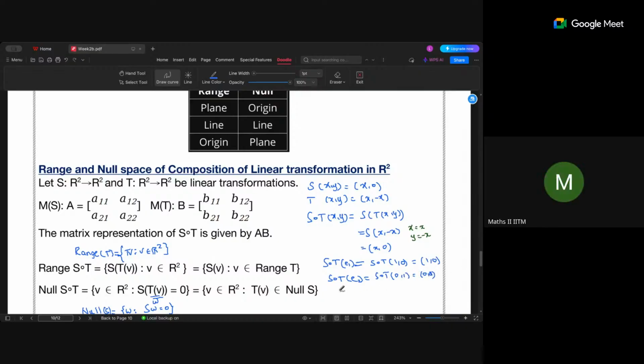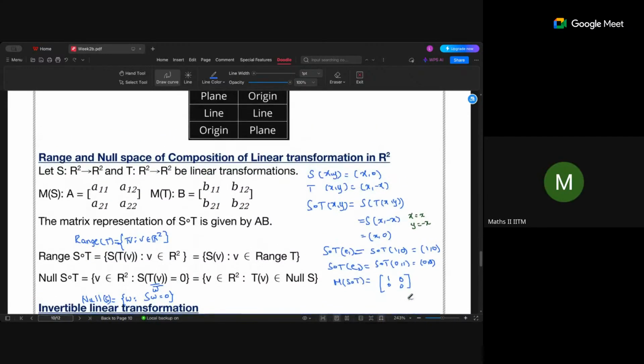So the matrix of S composition T is [[1, 0], [0, 0]]. Now let us look at the matrix of S. It is [[1, 0], [0, 0]], the same as M of S composition T.